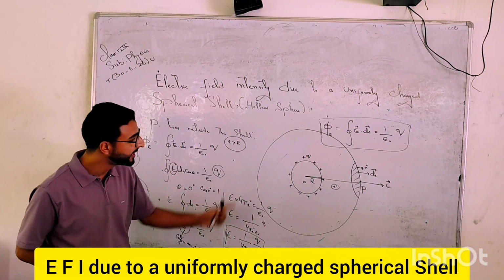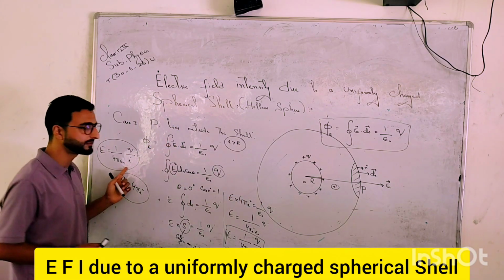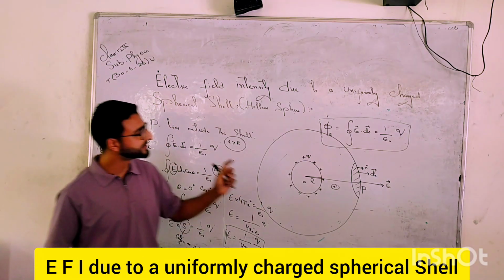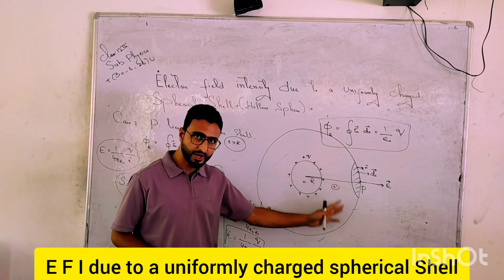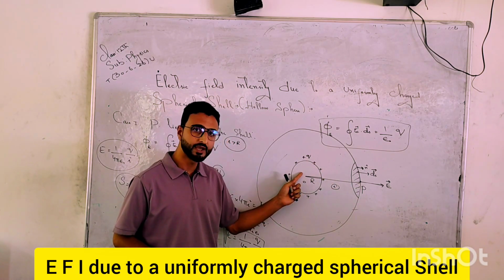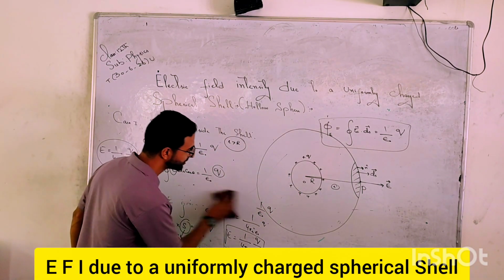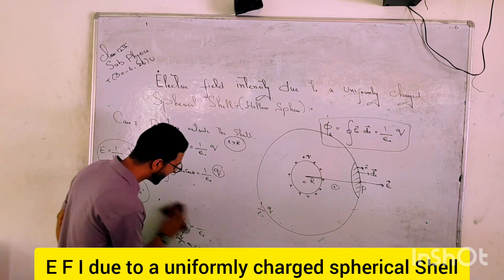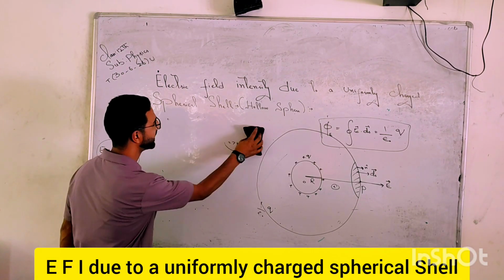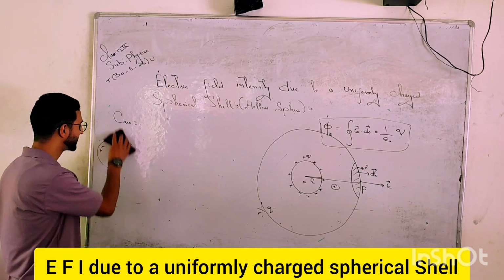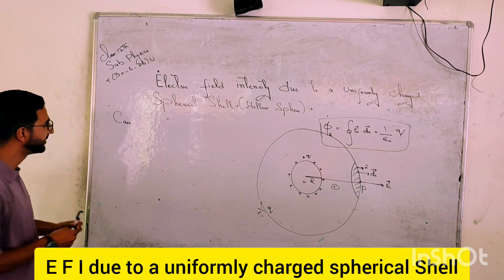So the expressions for the electric field intensity due to a spherical shell and due to a point charge are the same for points which lie outside the spherical shell. So for points outside, the shell behaves as if the entire charge lies at its center. So this was the first case, that is, electric field intensity due to a spherical shell for points that lie outside the spherical shell.